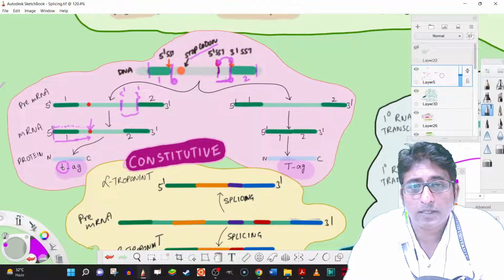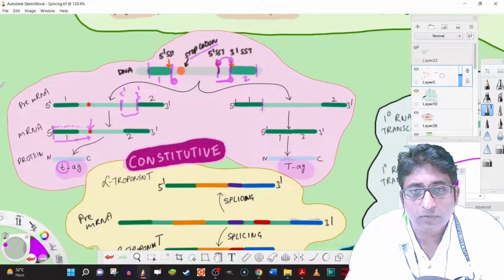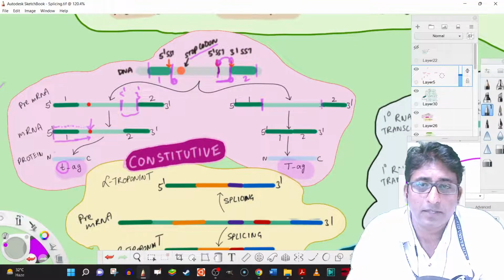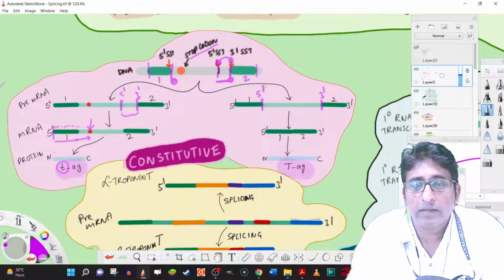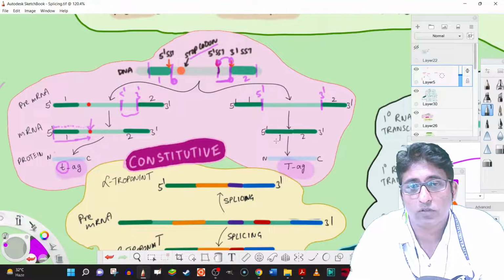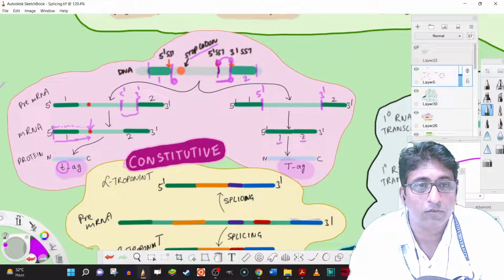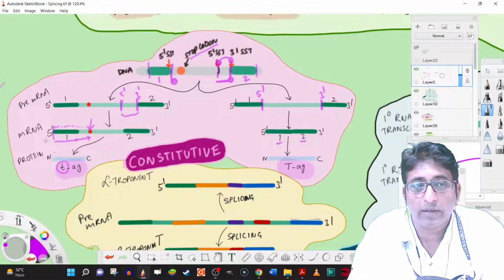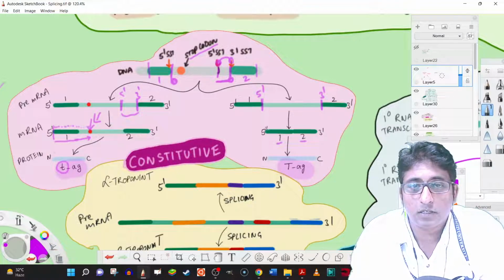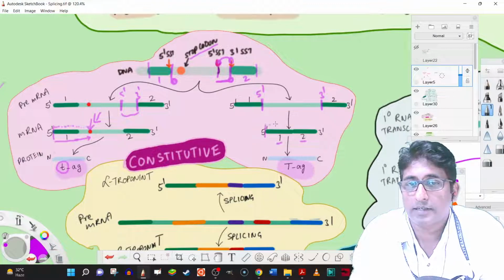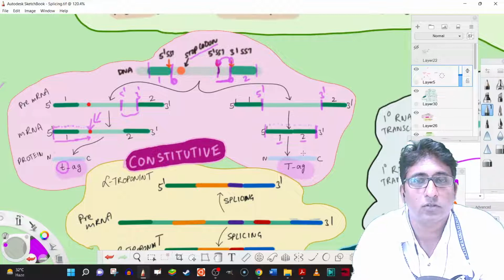Whereas if splicing occurred between the actual 5' splice site and the 3' splice site, then we would have proper splicing between exon 1 and exon 2. This is a larger open reading frame. The ribosome would start translating and only experience a stop codon at the end of exon 2.